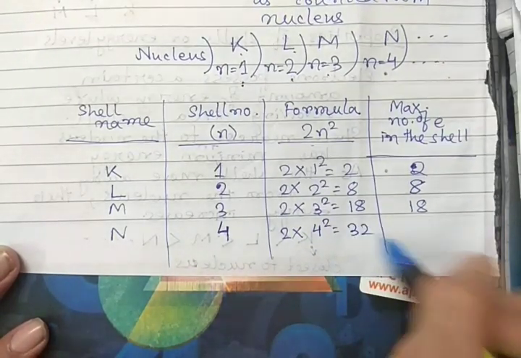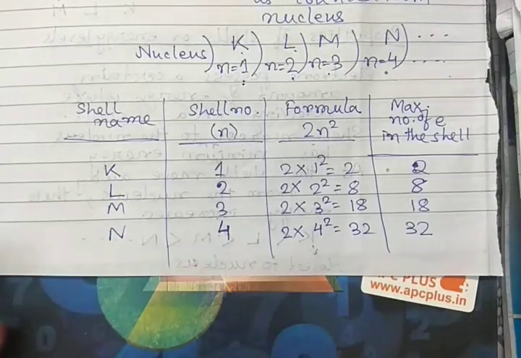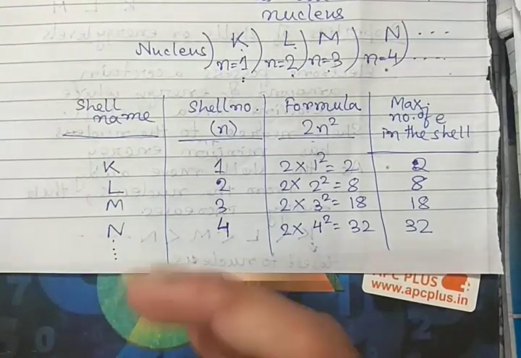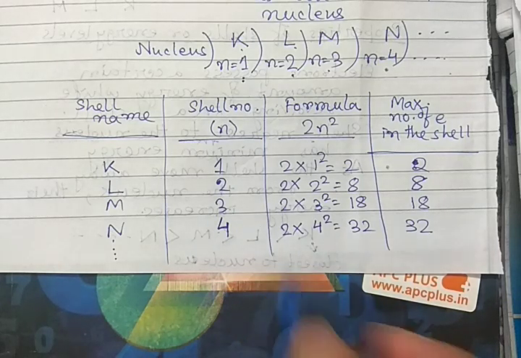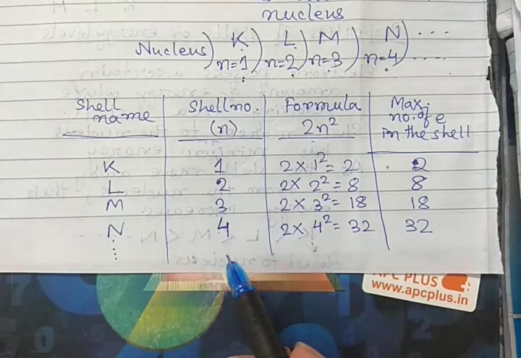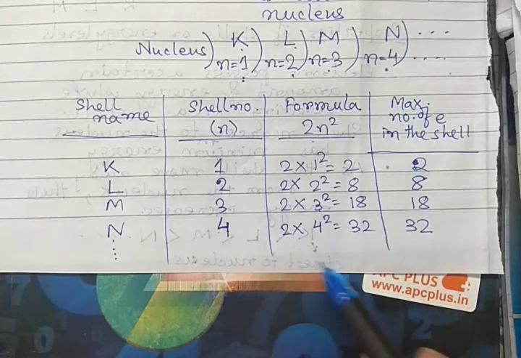So the maximum number of electrons that can be placed in the n shell is 32, and this so on. If there is O shell, P shell, then it will follow the same manner, where O will be shell number 5, P will be shell number 6, and formula will proceed in 2n square form.